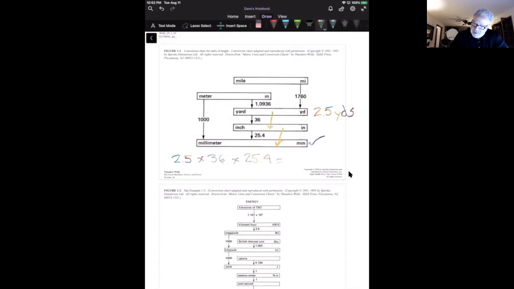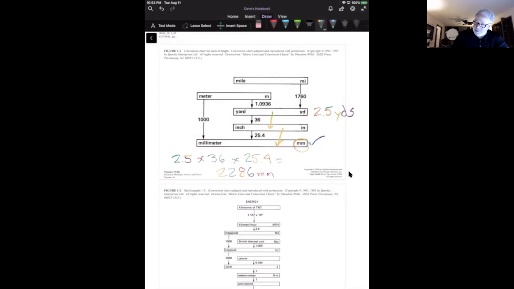And again, we're going to end up there at millimeters. We punch it into our calculator, and we come out with the number 2,286 millimeters.